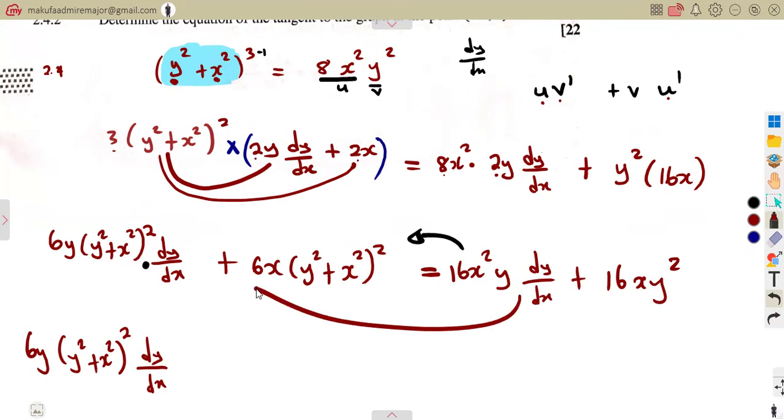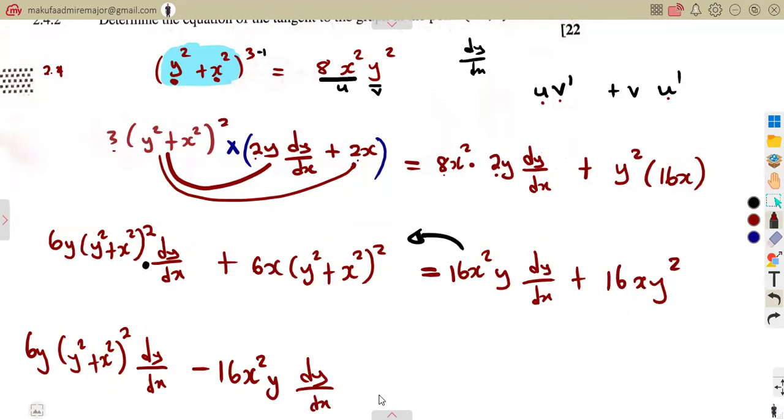If I take this to the other side, it becomes a negative. So that's negative 16x squared y into dy dx. And this is equal to what? Already what you are given on the right-hand side, which is 16x y squared.